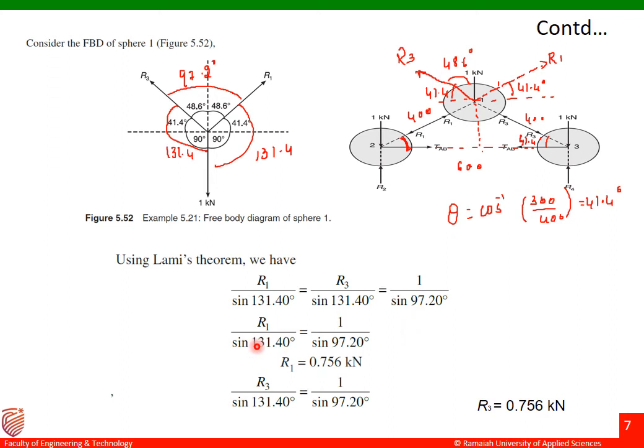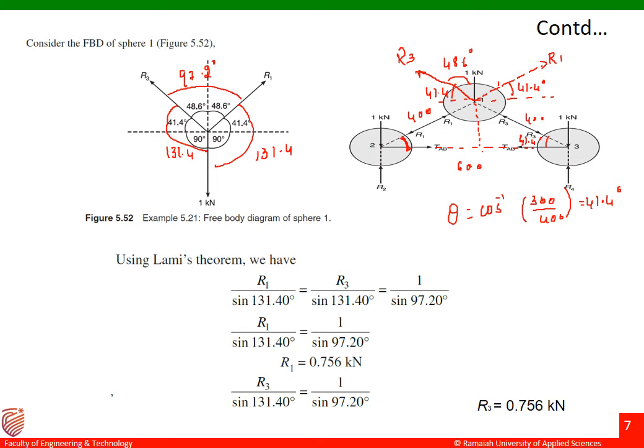Okay, so R1 is given by 1 divided by sine 97.2 into sine 131.4. So if you substitute these values in the calculator, you are going to get the answer for R1 as 0.756 kilonewton. Let us find out the answer for R3 there.